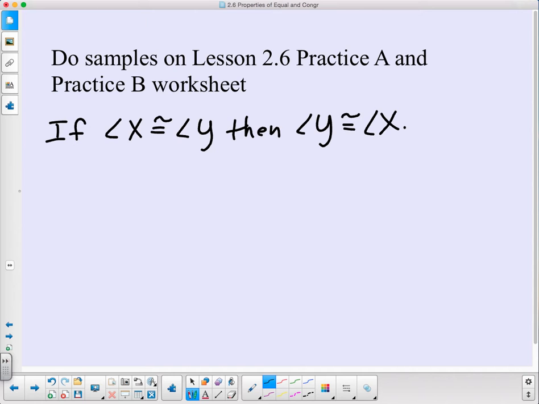What property is that, and is it of congruence or of equality? I'll ask you to show me all at the same time so I can check.